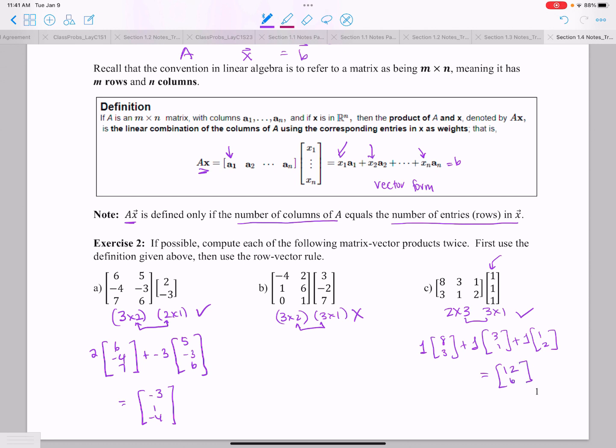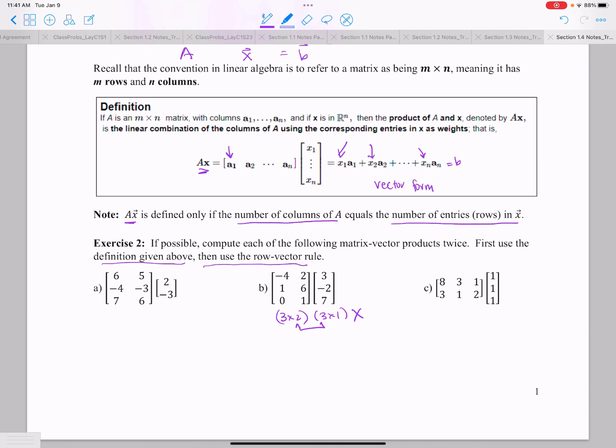The exercise says first use the definition above. It says then use row vector rule. So I'm going to erase these and do it again with the row vector rule. The row vector rule says I'm going to take row 1 and do what we call a dot product with the vector. We have 6, 5, and 2, 3. So it's saying 6 times 2, multiply your first two components, plus 5 times negative 3.